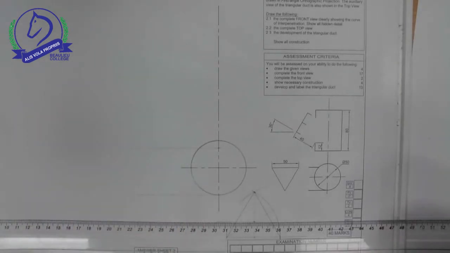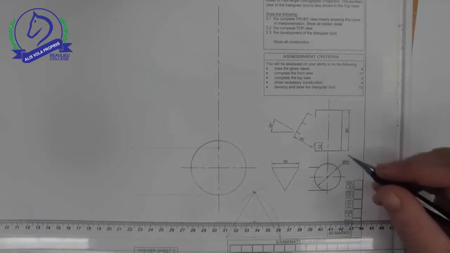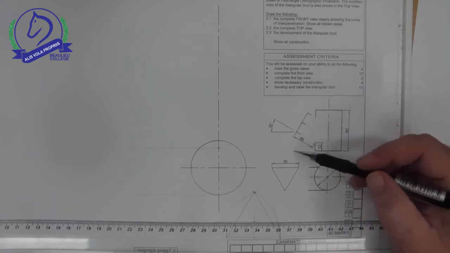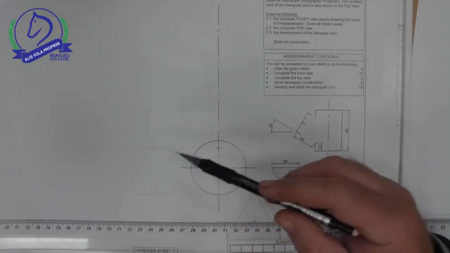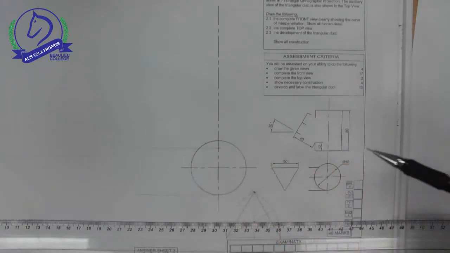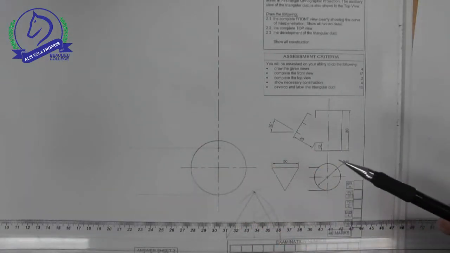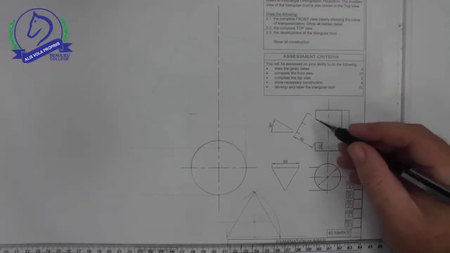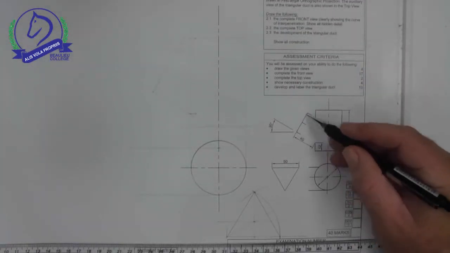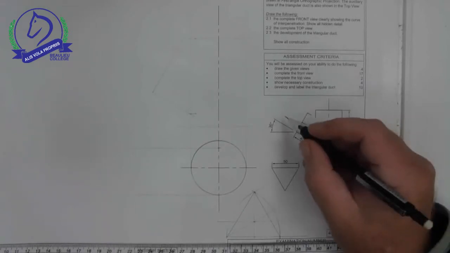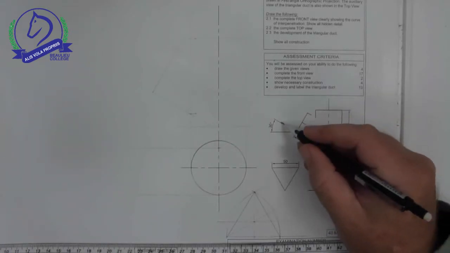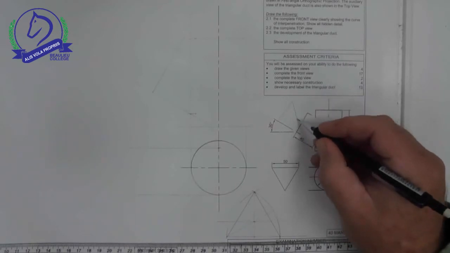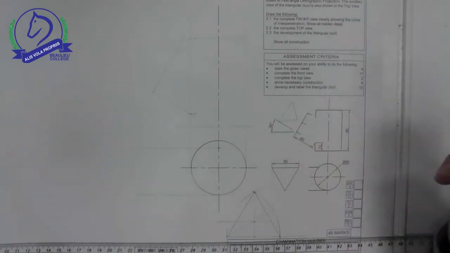I'm now going to go up into the front view, complete the front view, where I can get these points, which I'll project back down to find where they are going to touch in this top view. So when we need to get the triangle distance here, remember that's the whole length of the triangle. So if we had constructed our triangle here, that would have been our shape more or less.